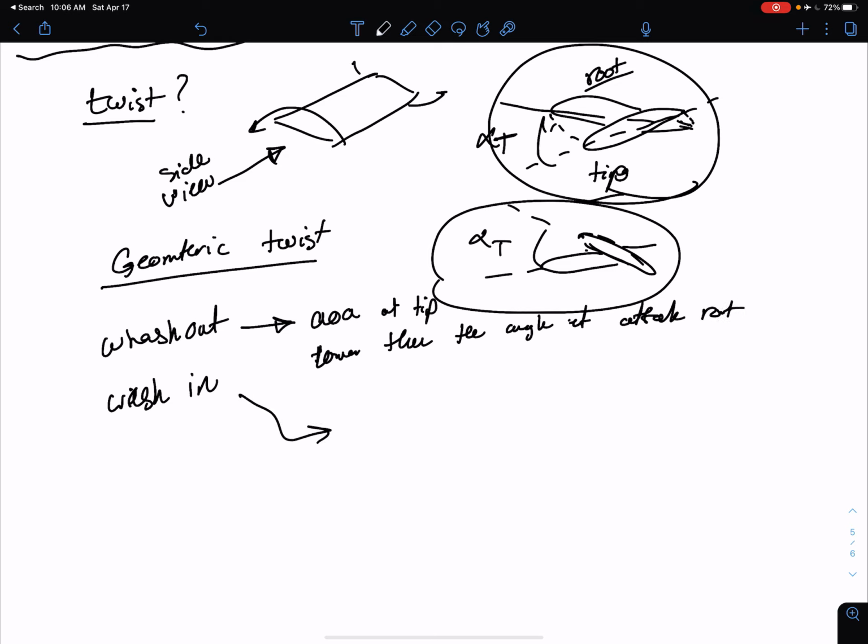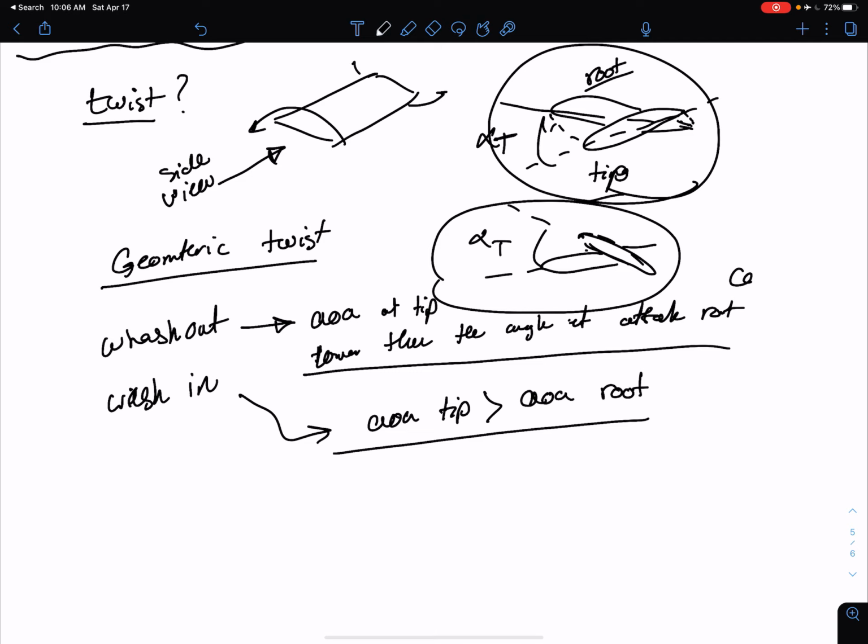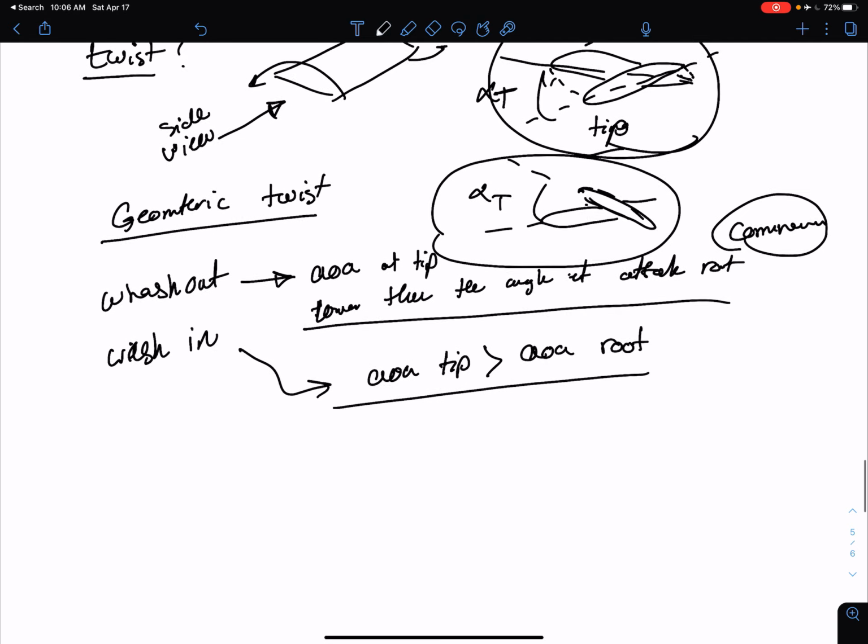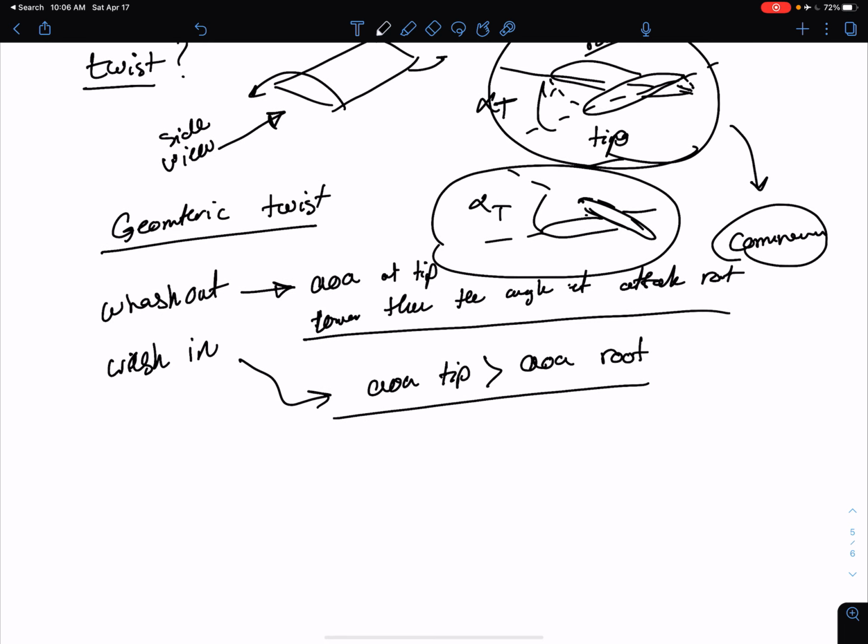And wash in is when your angle of attack at the tip is larger than the angle of attack at the root. This is a less common thing that happens.